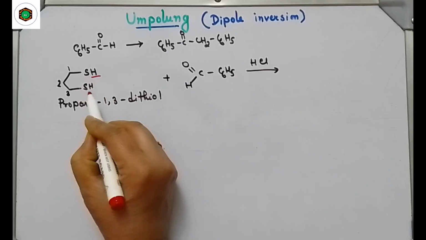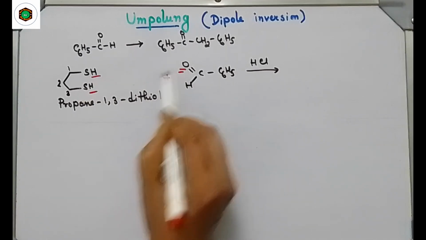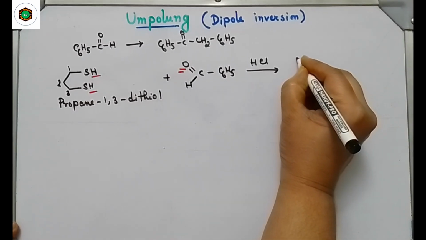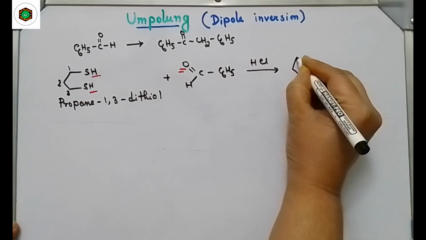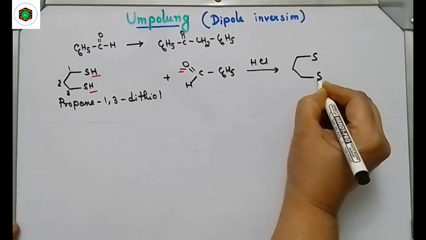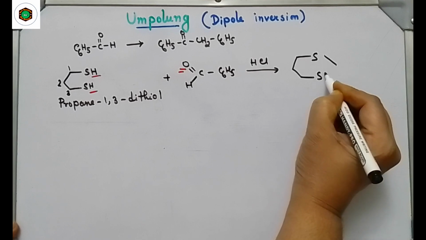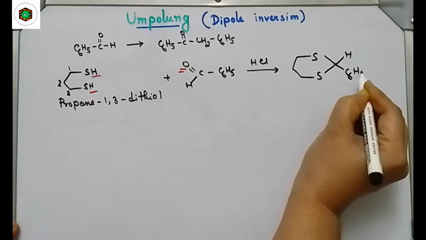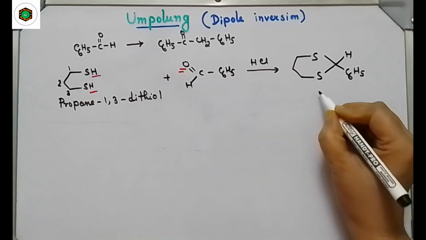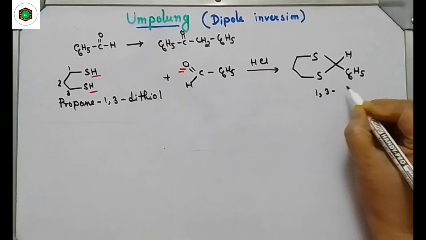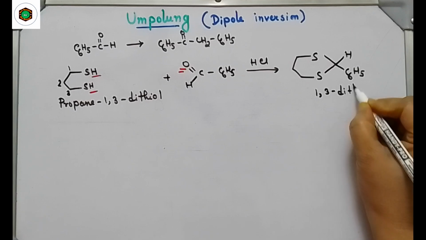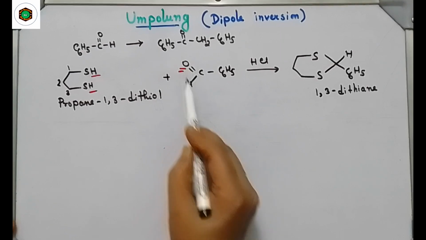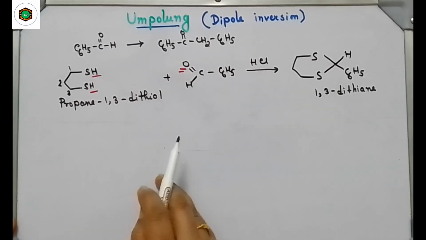Removal of this H and this oxygen will take place, meaning removal of water will give this compound. It is called 1,3-dithiane. In this way we are protecting this aldehyde functional group.